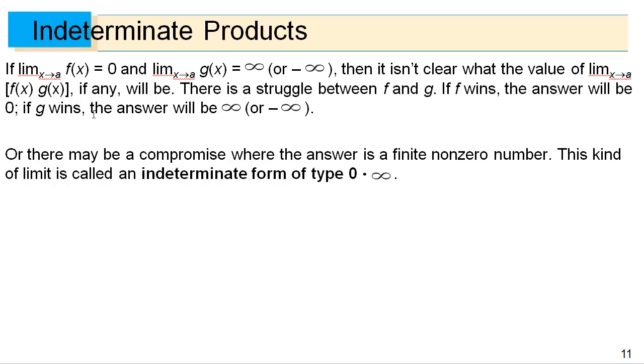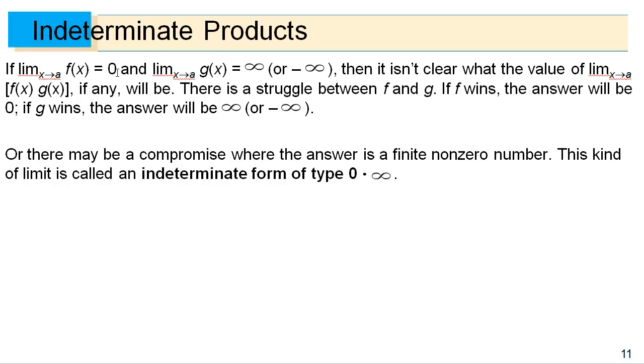So let's say the limit as x approaches a of some function f equals 0, and the limit as x approaches a of some other function g equals infinity or negative infinity. Doesn't matter which, they're both the same. Then it isn't quite clear what's going to happen if we take the limit of their product. 0 times infinity. You'd like to think it's 0, but that's not always the case. And in fact, it might not even have a limit at all.